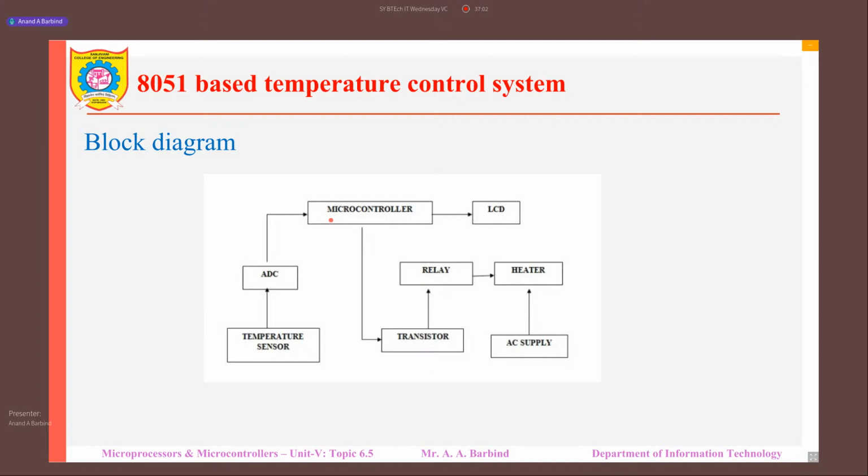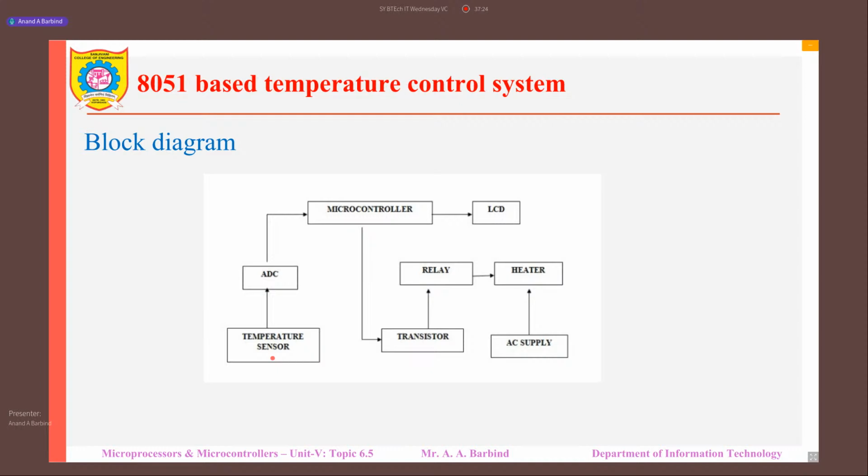So what is required for a temperature control system? You need to measure temperature. For measuring the temperature, you need to take a temperature sensor. There are many temperature sensors available, so you need to take the appropriate temperature sensor.